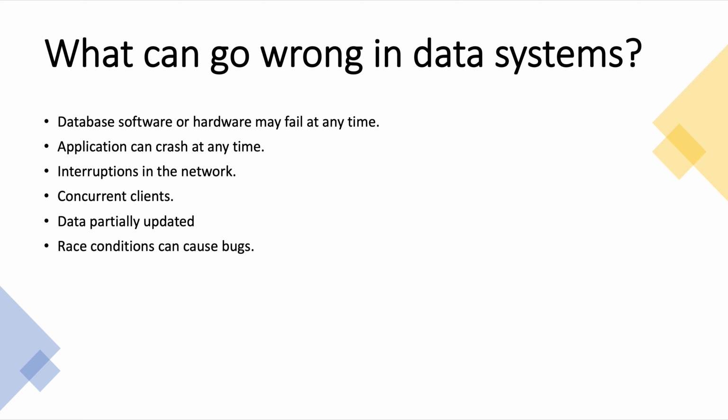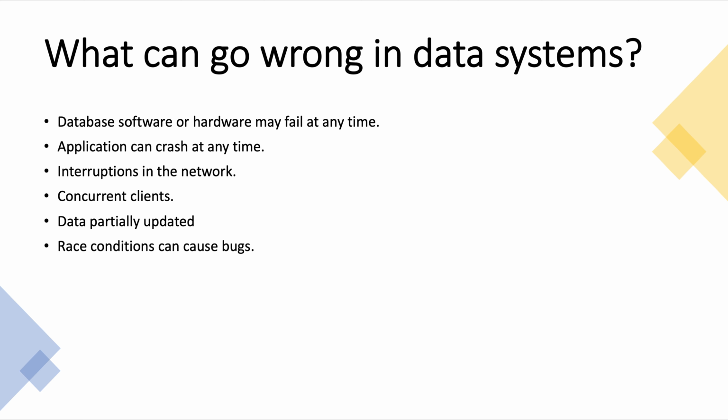In order to be reliable, a system has to deal with these faults, and it has to ensure that they do not cause any failure of the system. To implement a fault tolerance mechanism, we use transactions. A transaction is a way for an application to group several reads and writes together into a logical unit.